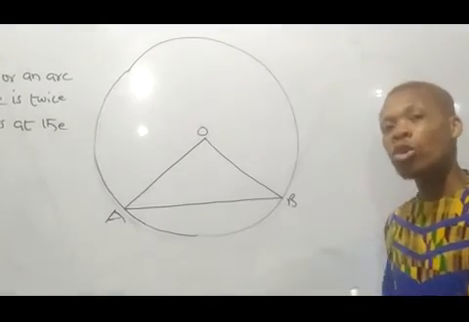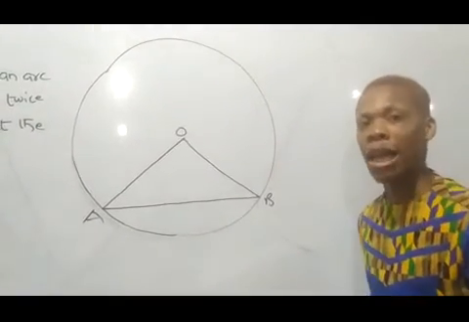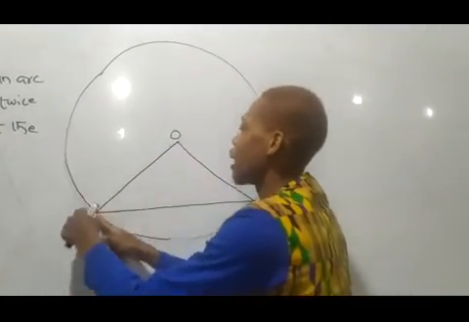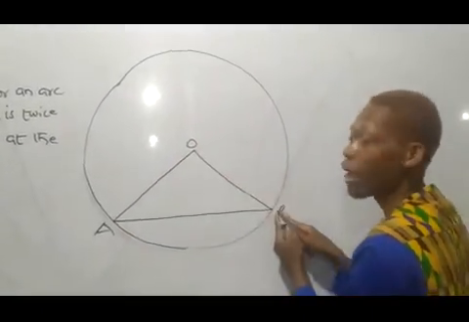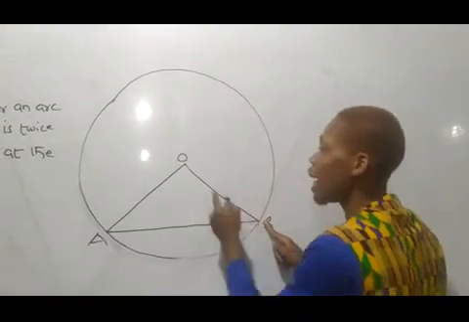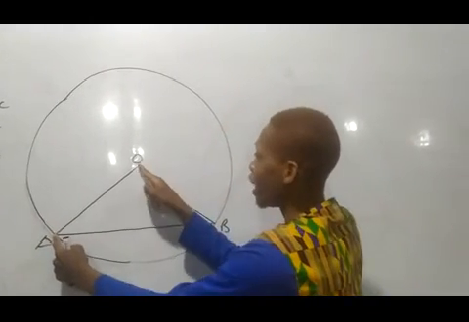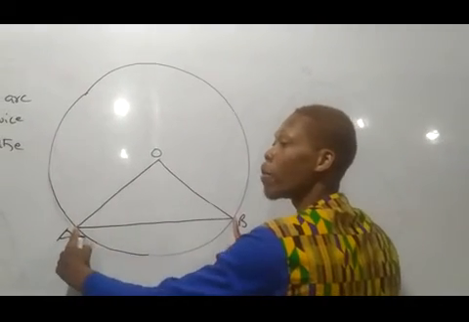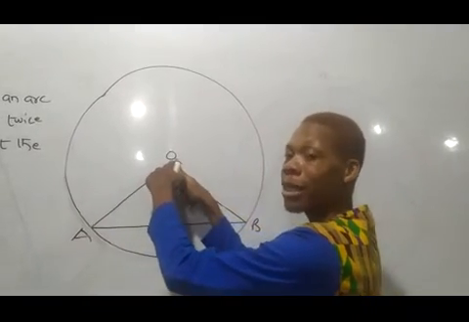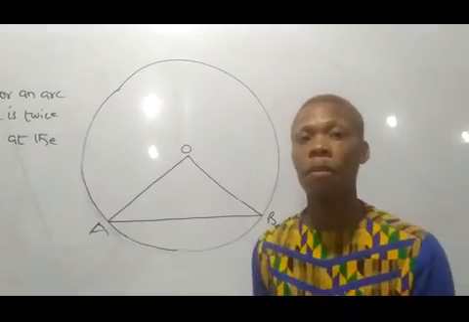We said for a chord to subtend an angle, it should have a connection with the lines which create the angle. So this angle O here is formed by this line and then this line. You realize that of these two lines which create the angle O, one line has a connection with the point A, the other line has a connection with the point B. So this AB here is holding O at the center. So AB subtends O at the center.